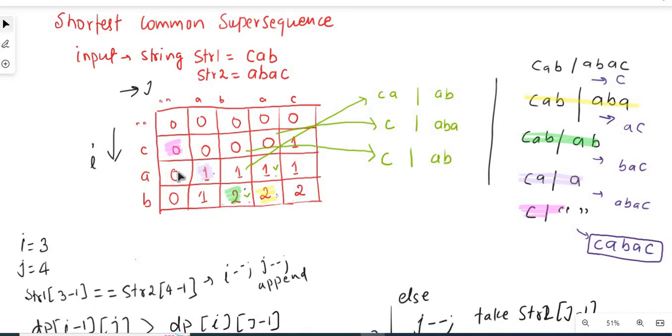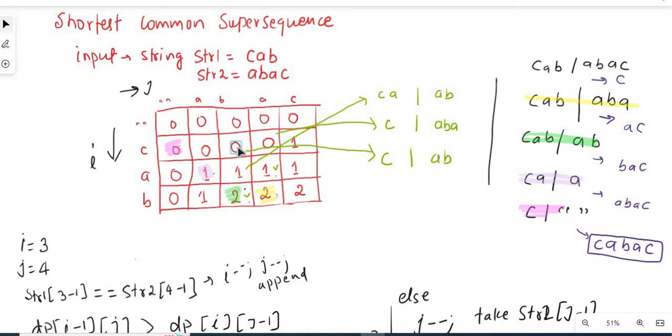So the first time a comes is when we have a and a matching, then we add 0 plus 1 equal to 1, and then all the subsequent ones, if a is not equal to b, then it would take the maximum of either 1 or 0, and 1 is the maximum, so it would take the 1. Now in this case, a and a are equal, so it would not go for the maximum of these two. It would rather take this from here.